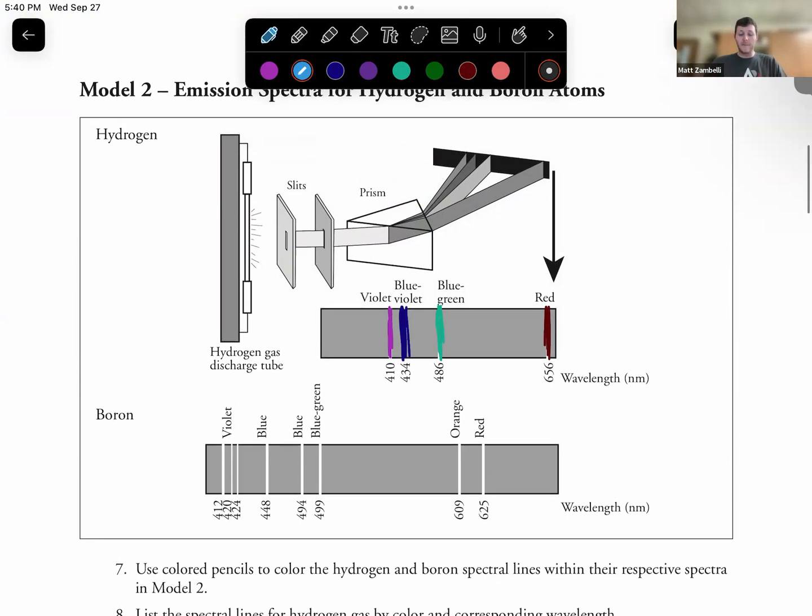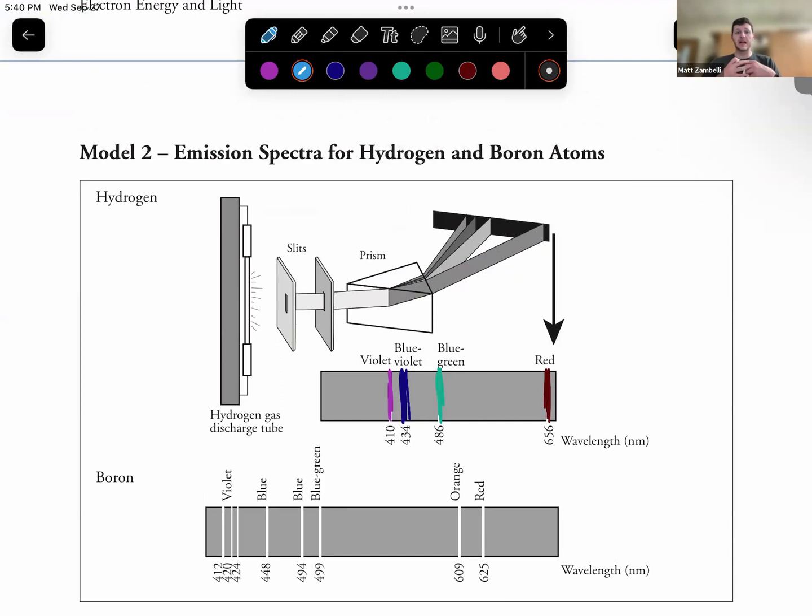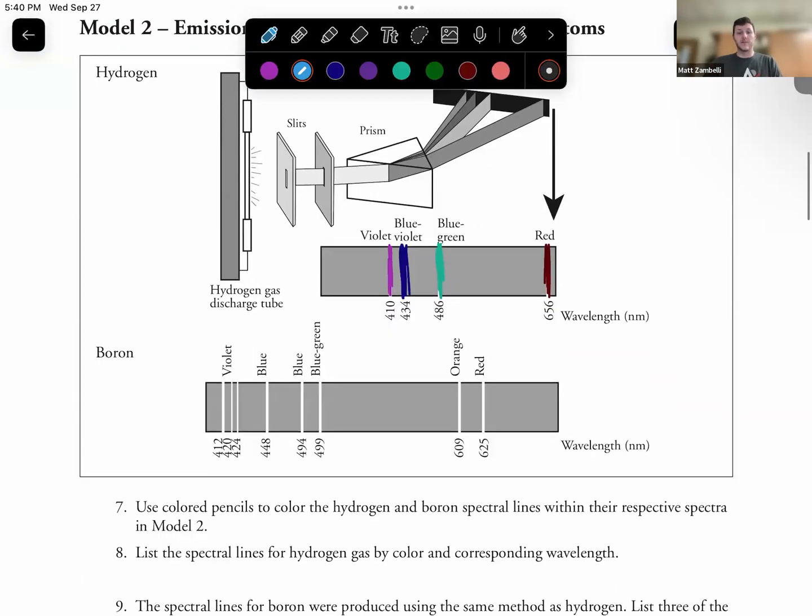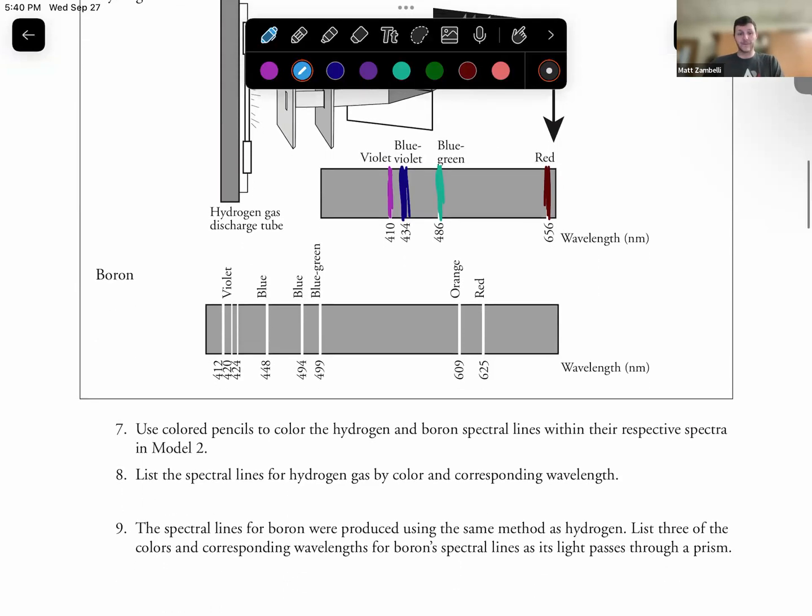These are called emission spectra, because they're emitting only the colors that hydrogen would present. So hydrogen presents violet, blue-green, and red. Boron does violet, blue, blue-green, orange, and red.